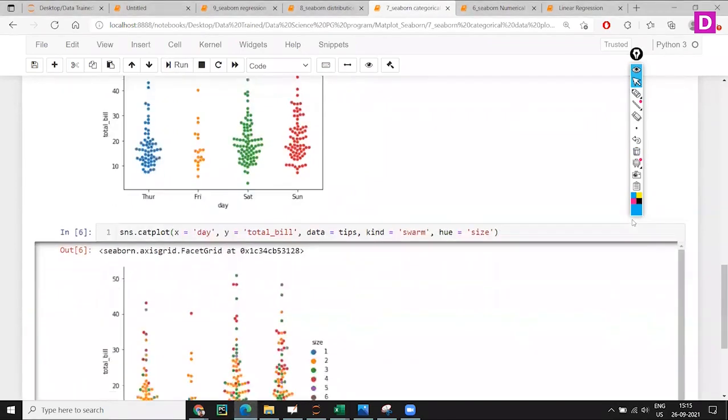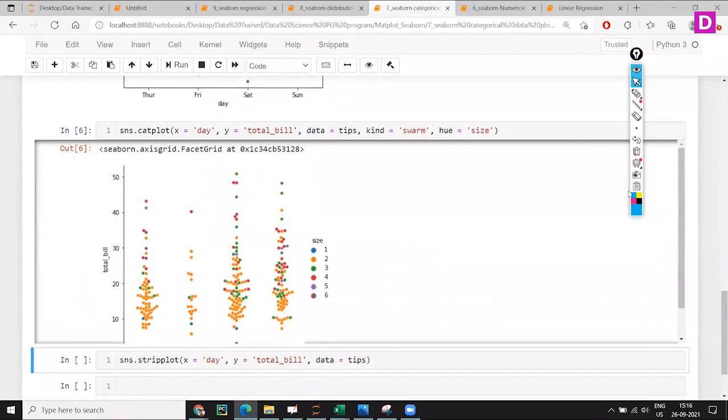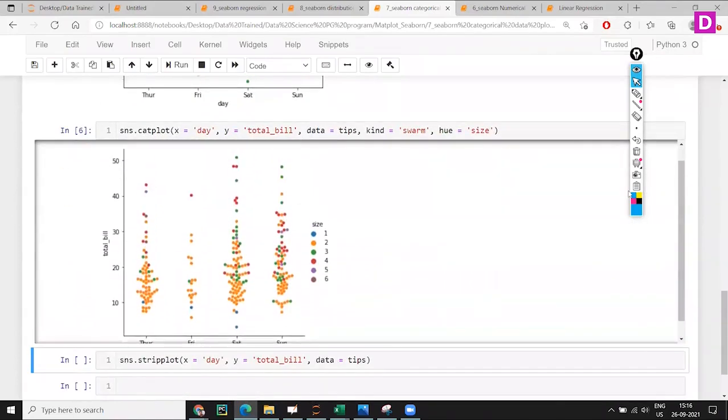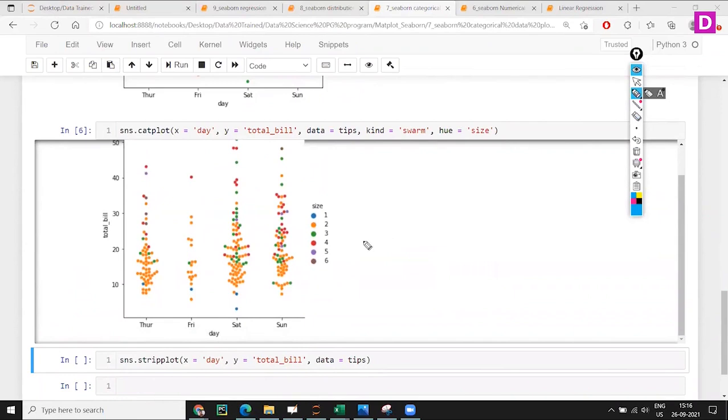So this is how it looks, where you see some kind of a design, I would say, right? For one customer, there is a color coding, then 2 customers, 3, 4, 5, and 6. And most of the colors are basically what? Orange color.